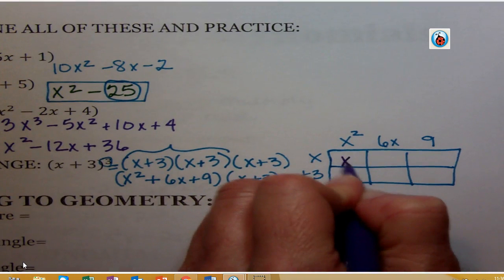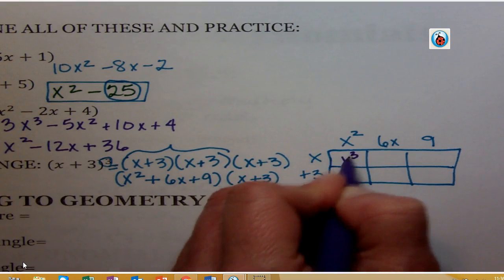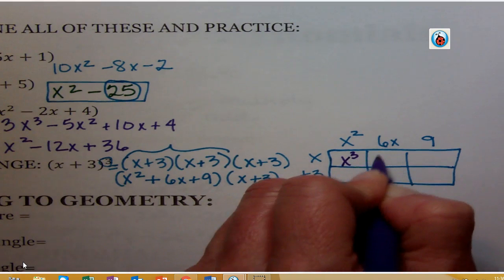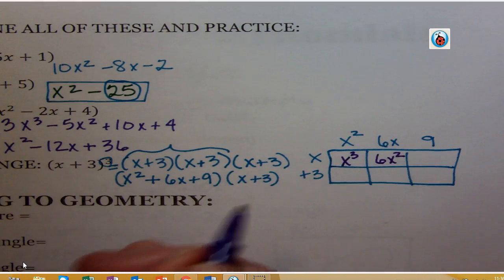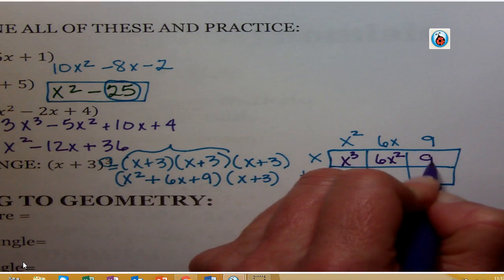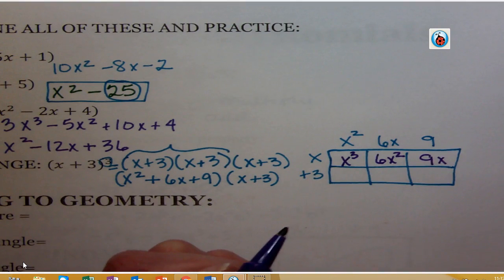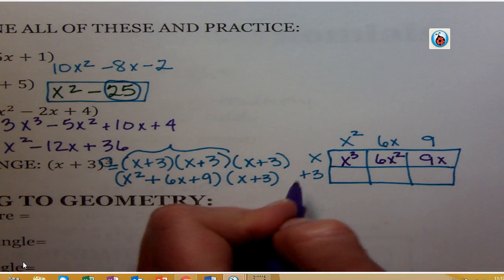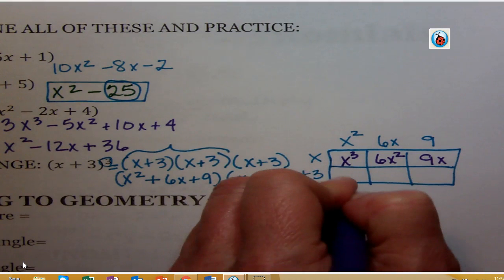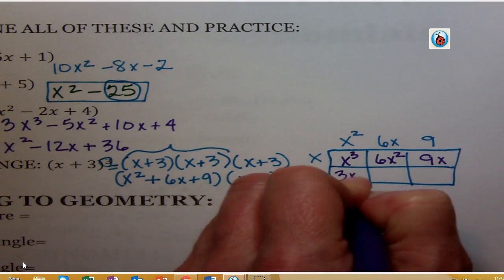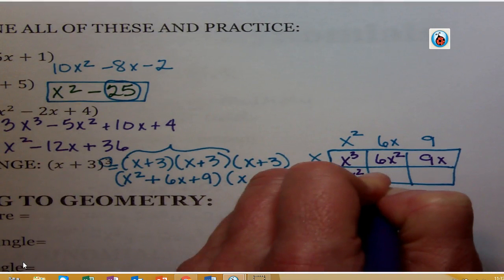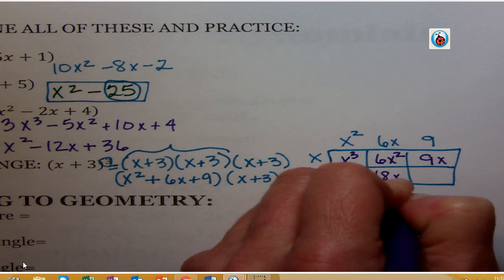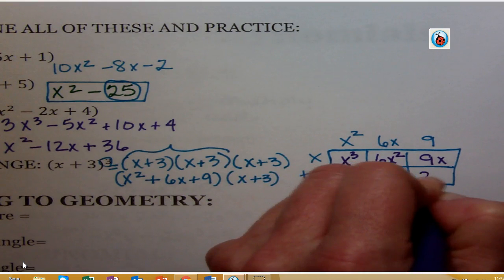So you get x cubed when you multiply these 2, 6 times x squared, 9x. Then when I distribute this 3 to all of those, I get 3x squared, 18x, and 27.